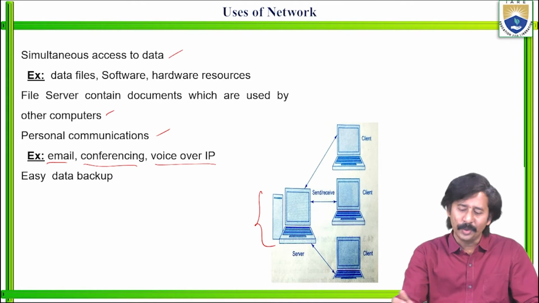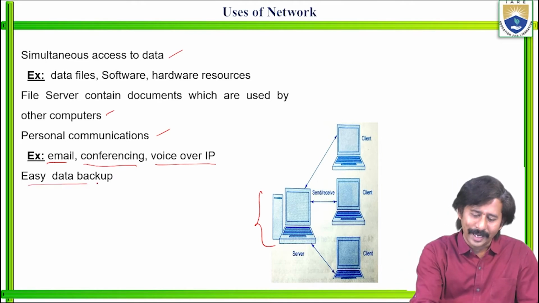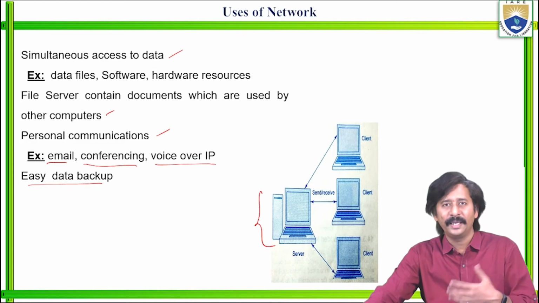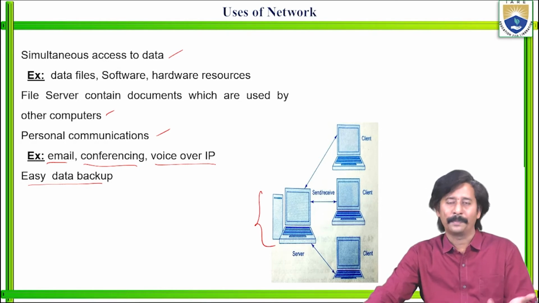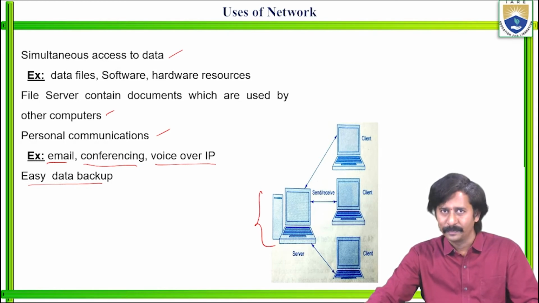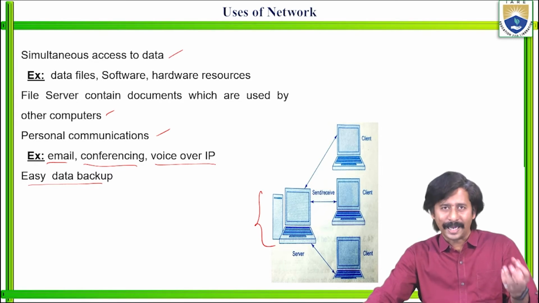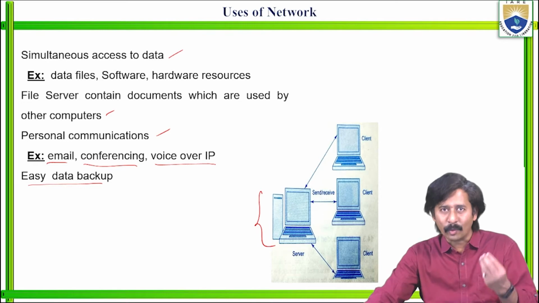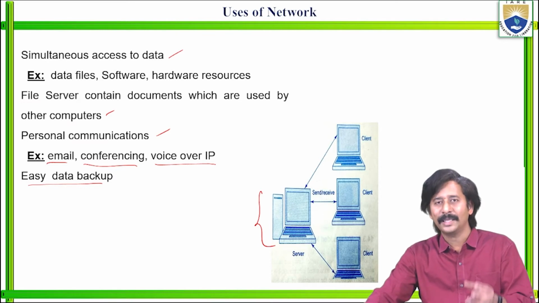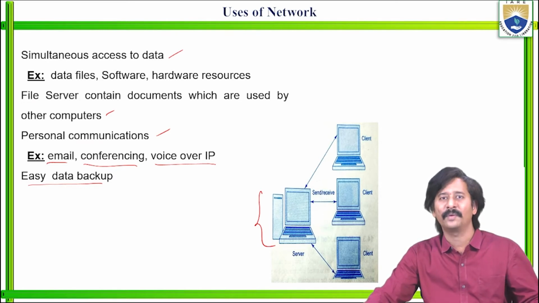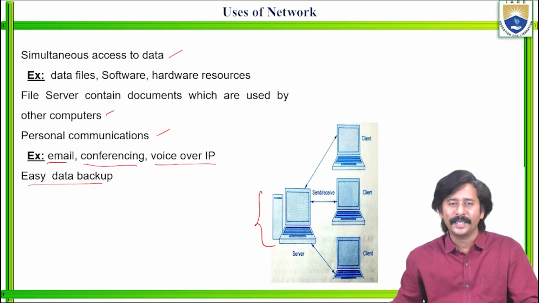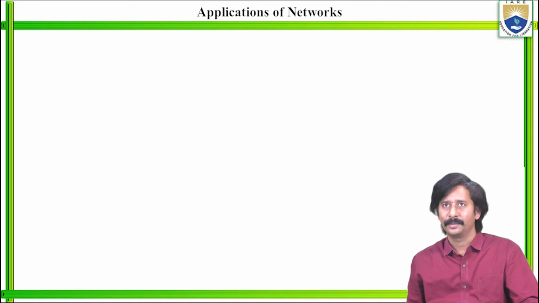The last use of a network is easy data backup. Physically, if you want to move from one place to another, we need to access the information required for our application, so that data must be stored somewhere else for backup purposes. So these are the basic uses of network.